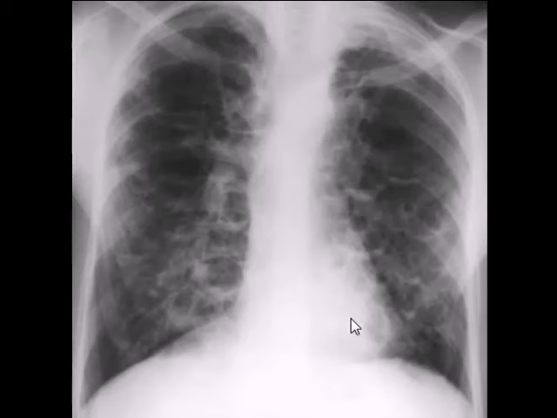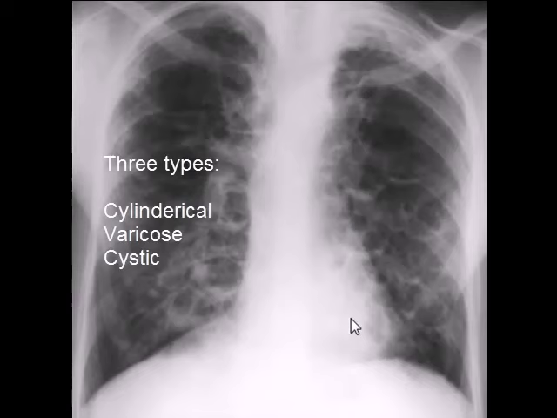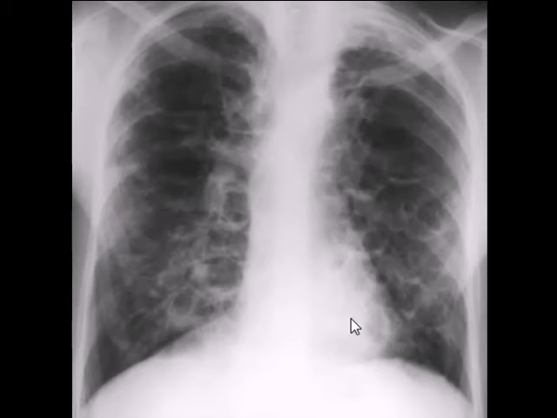There are three forms of the condition known as cylindrical bronchiectasis, varicose bronchiectasis, and cystic bronchiectasis. And what is in front of you is known as cystic or saccular bronchiectasis. As you can see, multiple cysts or sacs. In cystic bronchiectasis, many large dilatations of bronchi end up in big and small cysts that may get filled with pus, blood, and mucus.